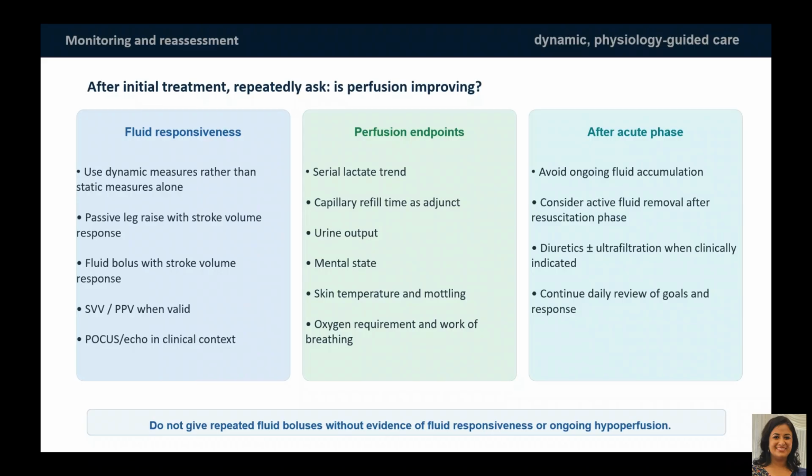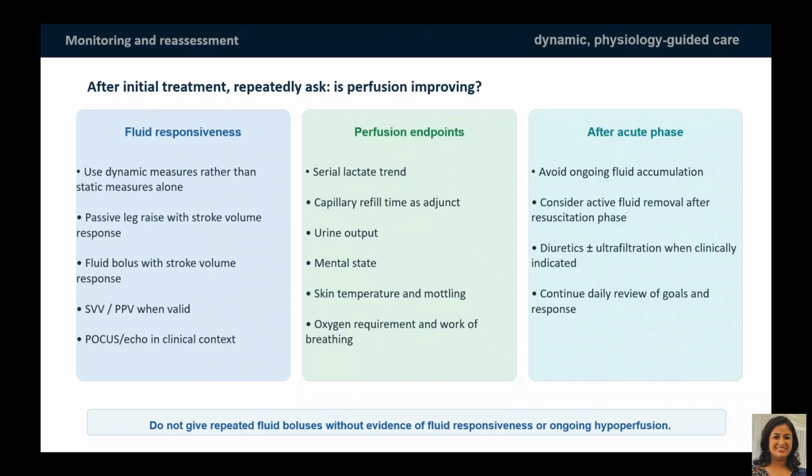So if you're overdoing the fluids, your oxygen requirement will increase. These patients become tachypneic and their saturation tends to decrease if you're giving more fluid. Okay, so that is also an endpoint of perfusion.